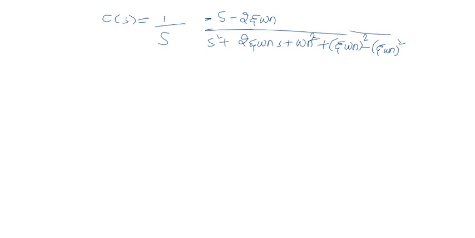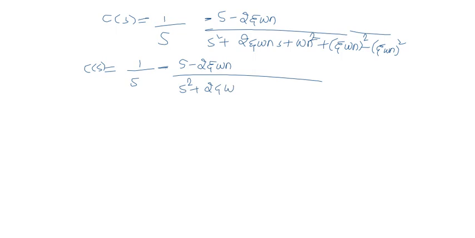Then again rewriting the same equation, C of S equal to 1 by S minus 2 zeta omega n divided by S square plus 2 zeta omega n S. Just I am taking this term here and rewriting the denominator.